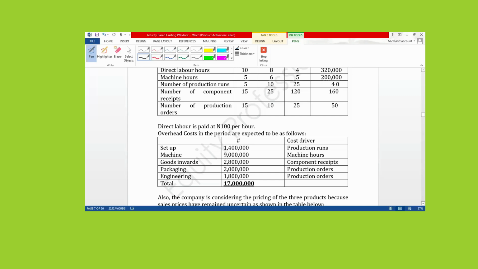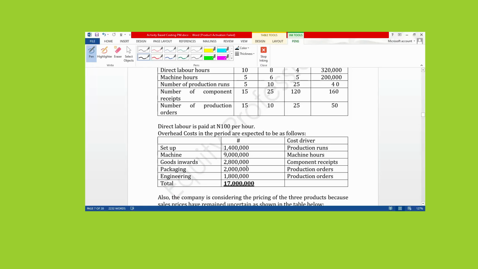Step 2: use allocation and apportionment to calculate overhead cost for each activity. Overhead cost for setup, 1.4 million. Machine, 9 million.